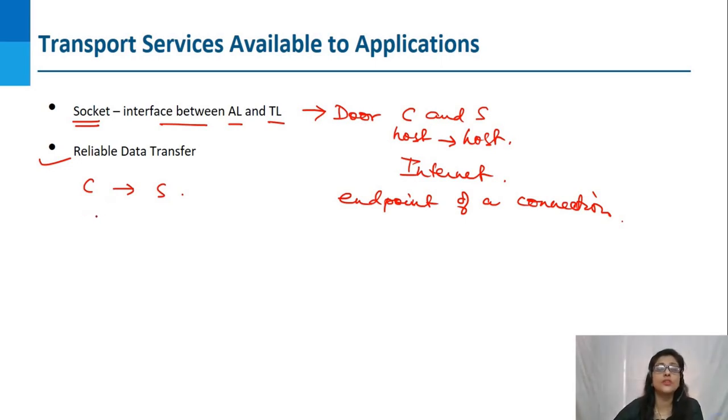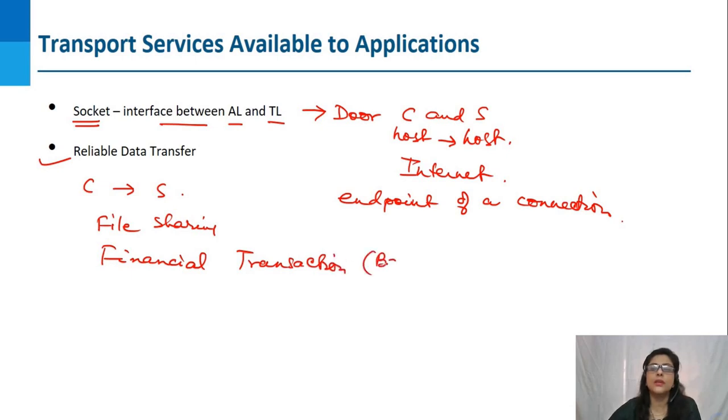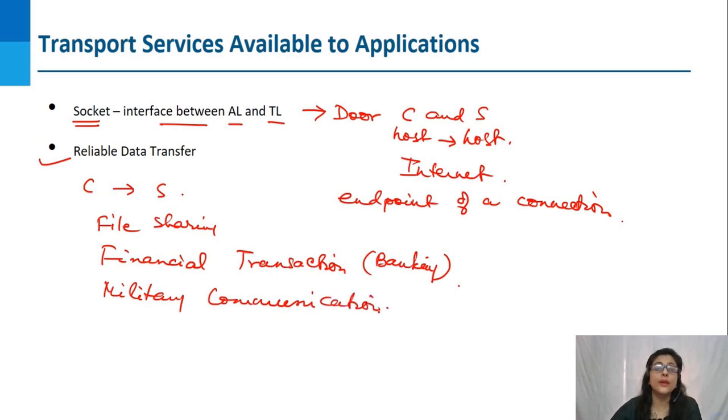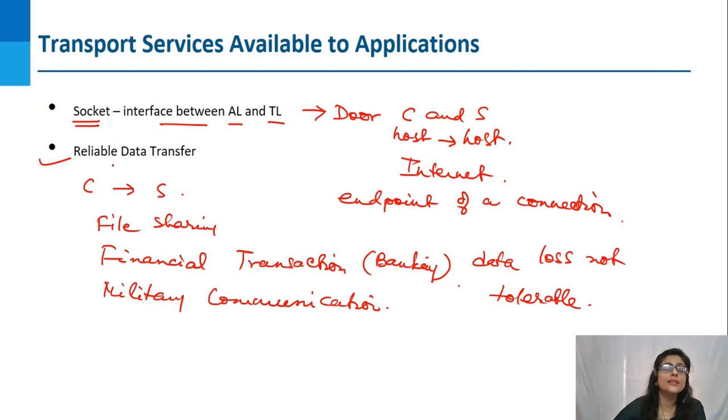There are certain applications like file sharing or financial transactions, mainly for banking purposes, or military communication, where data loss is not at all tolerable. So in these cases, reliability of data transfer is very important.